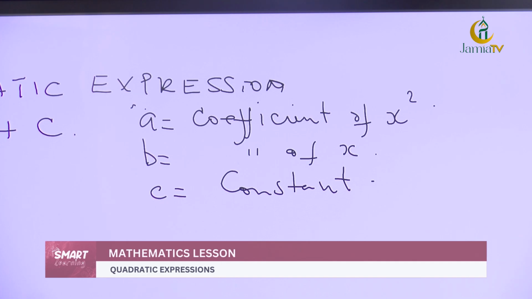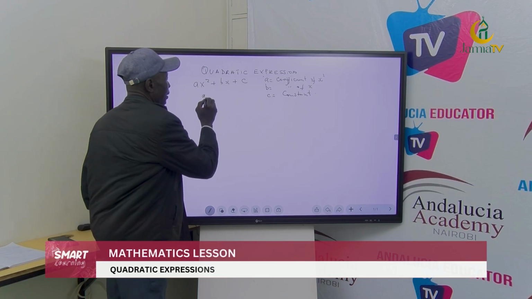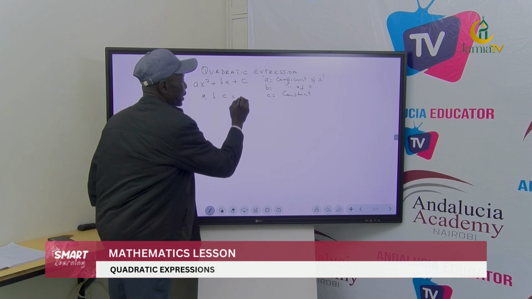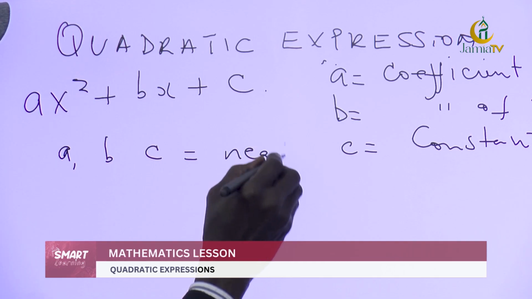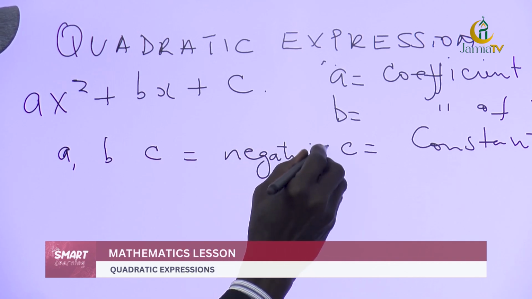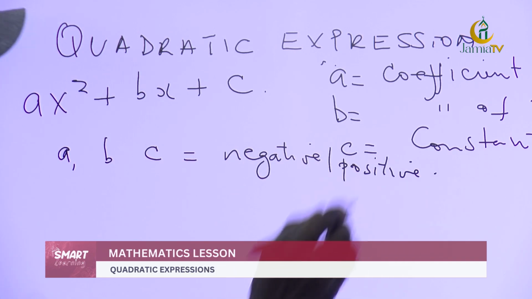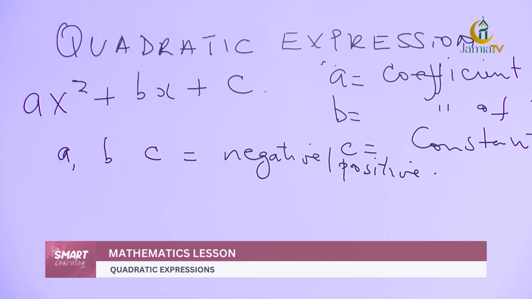Now, we also said that our a, b, and c can all be negative or positive. A can never be 0.